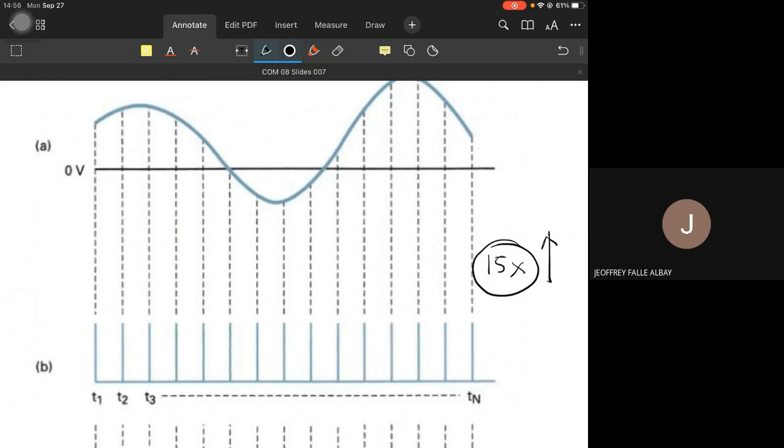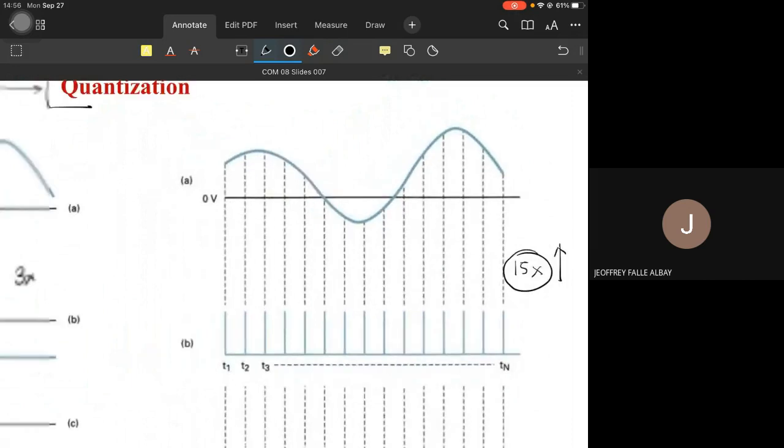So again, sampling is as if superimposing vertical lines at a constant distance from each other. That is sampling.